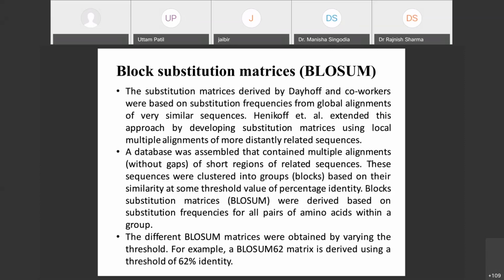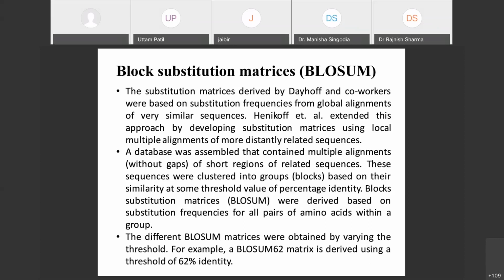So basically, a database was assembled that contained multiple alignments without gaps of short regions of related sequences, and these sequences were clustered into groups or blocks based on their similarity at a given threshold value of percentage identity.